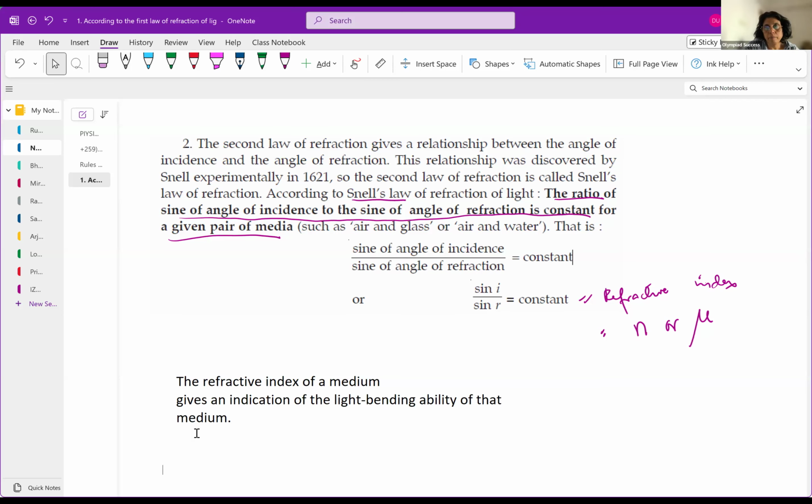Done? Ma'am, wait, last two lines. Okay, okay.